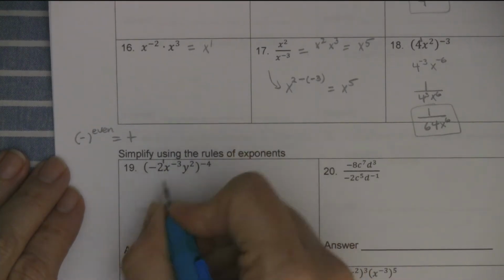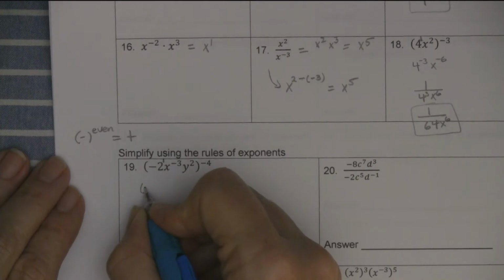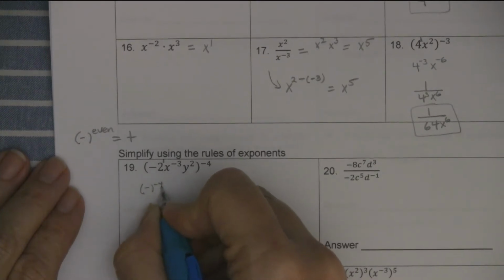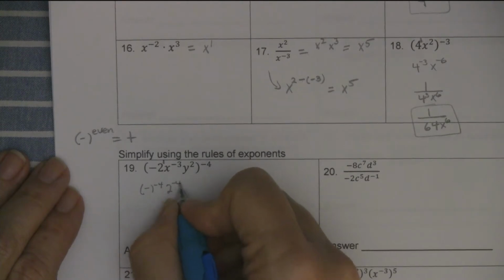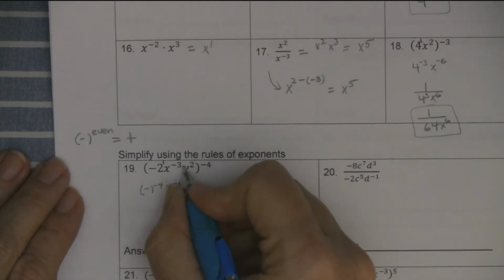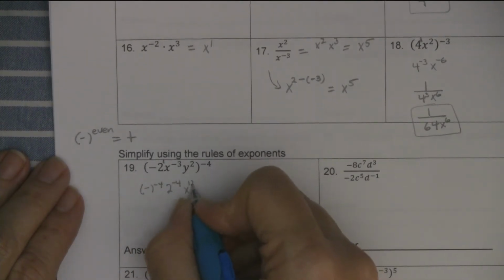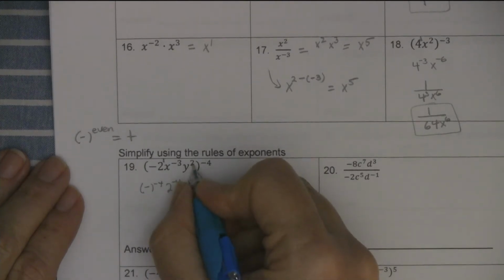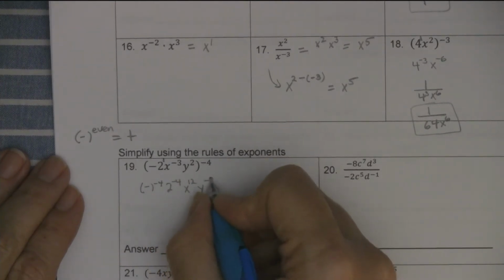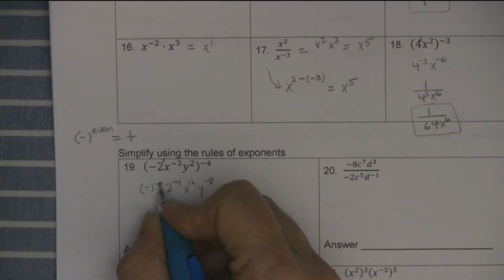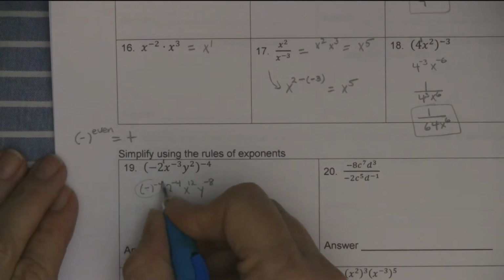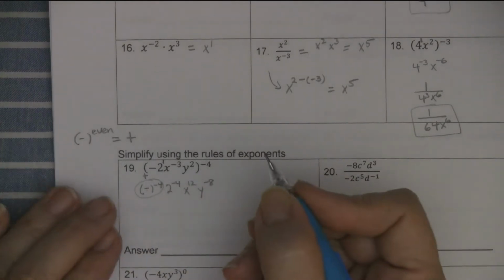I'd put a 1 here, and I would say this is a negative raised to the negative 4. This is 2. 1 times 4 is negative 4. Multiply, that's positive 12. And that's negative 8, right? And then a negative raised to any even power is a positive.